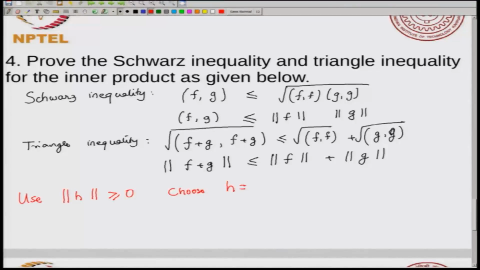Then I will choose h equal to f minus g times (f, g) divided by (g, g).